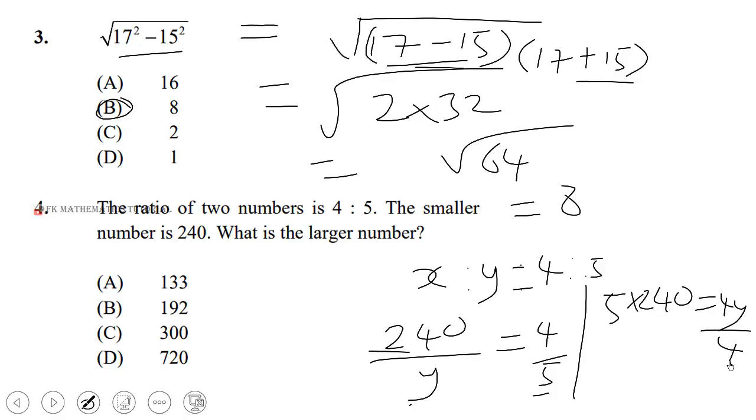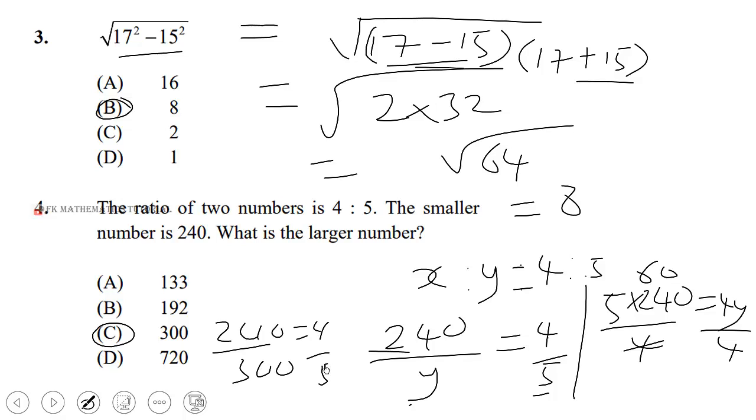Divide through by 4, by 4. 4 will go into 240 60 times, so that will be 60. So 5 times 60 will be 300. So 240 over 300 will give us 4/5, which is the same as 4:5.